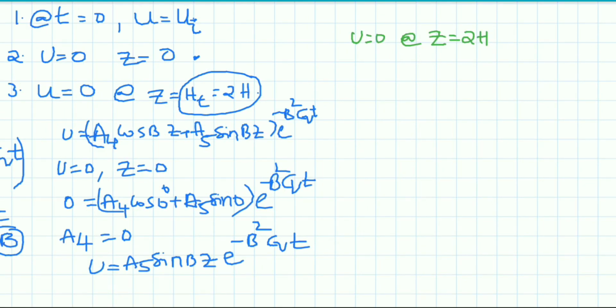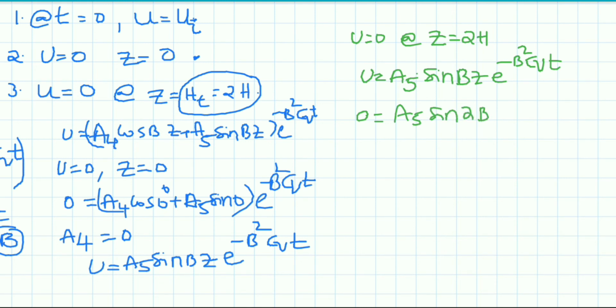Now substituting u equal to 0 and z equal to 2H, that is, the third boundary condition, into u equal to a5 sin bz e power minus b square C nu T, this becomes 0 equal to a5 sin 2bH e power minus b square C nu T, and so we get sin 2bH as 0.